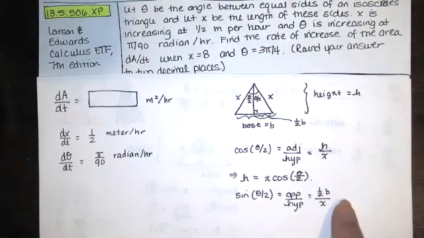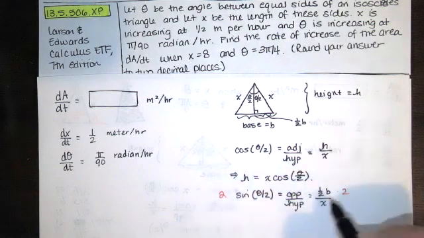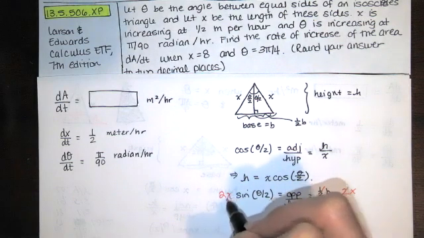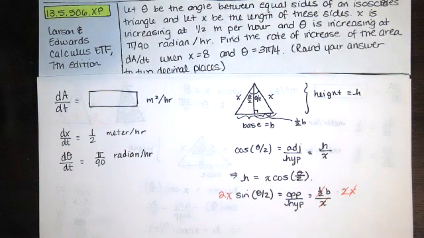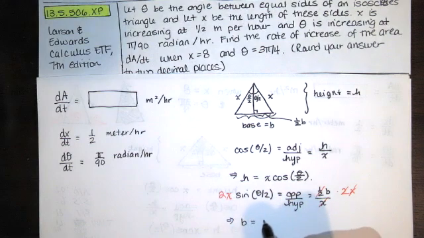So if I want to solve for b, I can multiply both sides by 2. That will get rid of that 1/2, and then multiply both sides by x. That'll get rid of the x there. And so what we have is that the base is equal to 2x times sine of theta over 2.